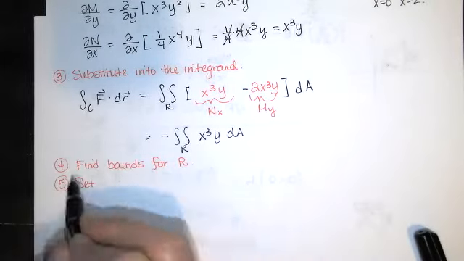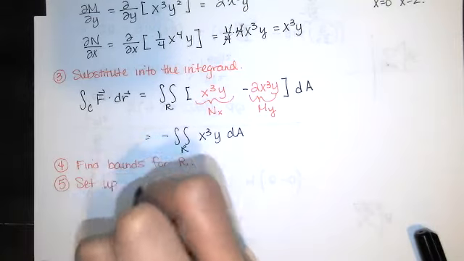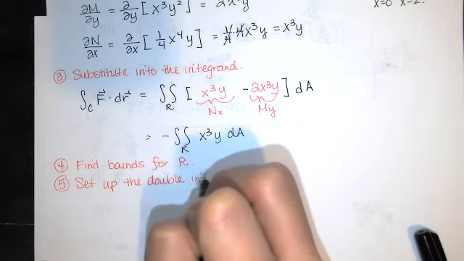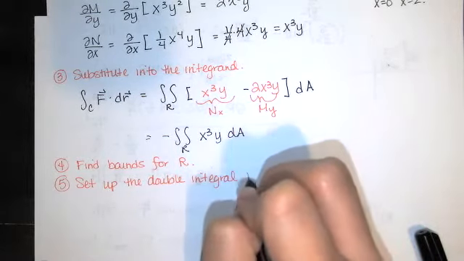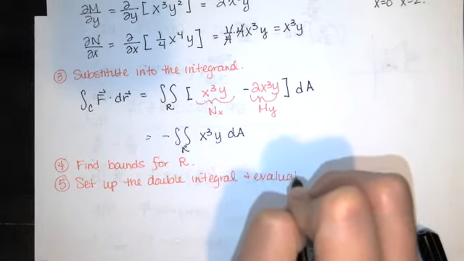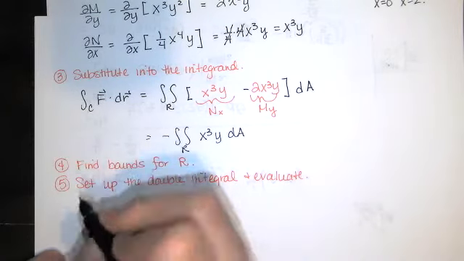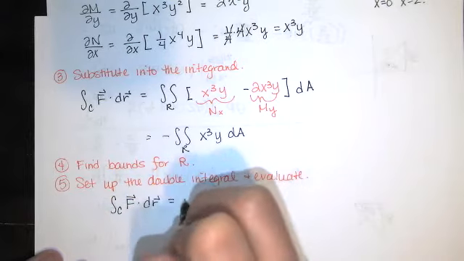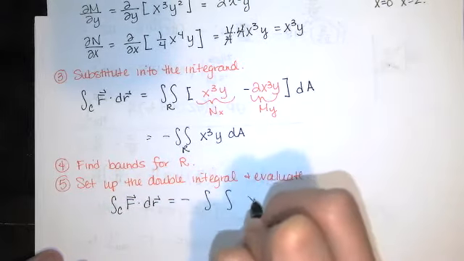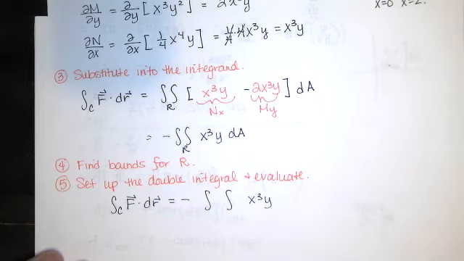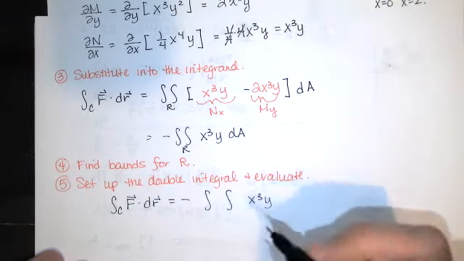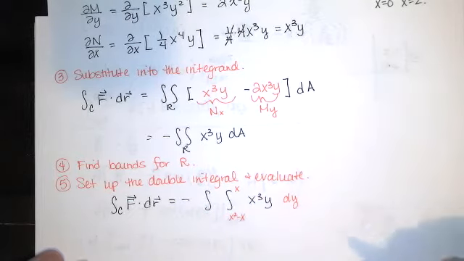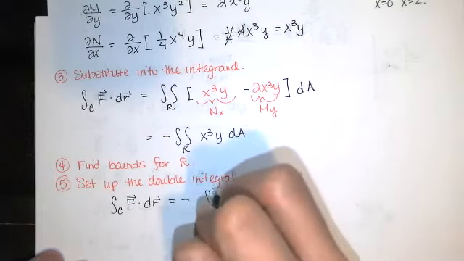So after we find our bounds for R, we set up the integral. And then we evaluate. So y goes from x squared minus x to x, and x goes from 0 to 2.